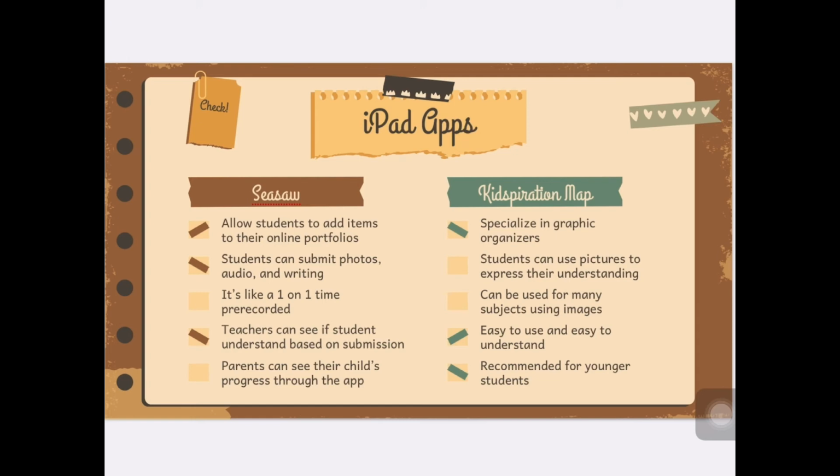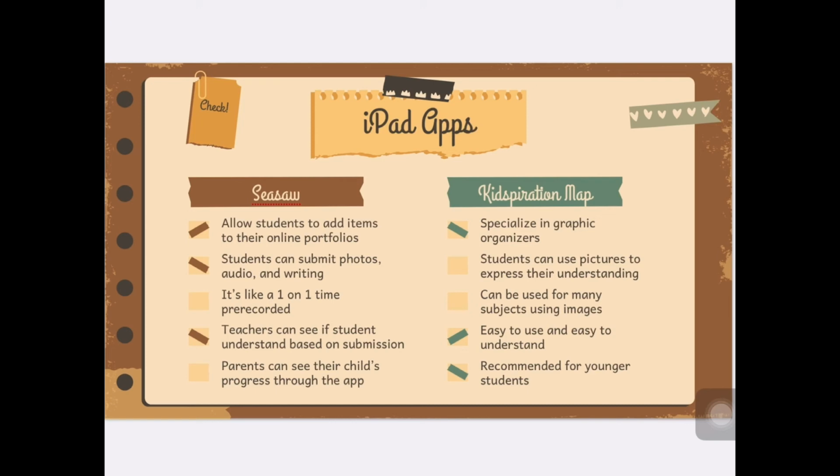And also parents can see their child's progress through the app live, within the day. As you saw, the parent saw one of her child's progress pop up while she was in the meeting. So it connects students, parents, and teachers together, like a spider web.